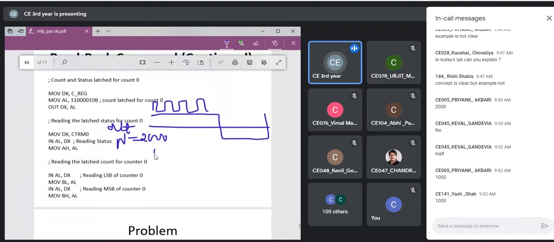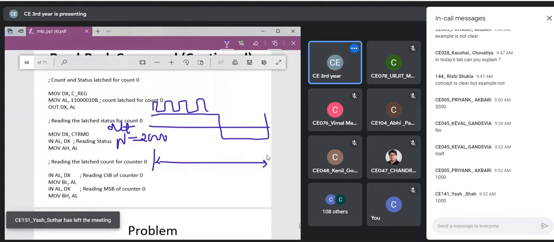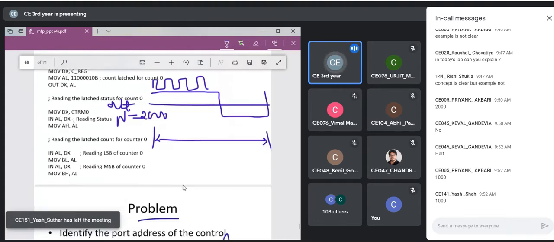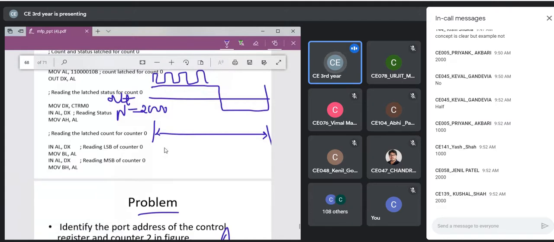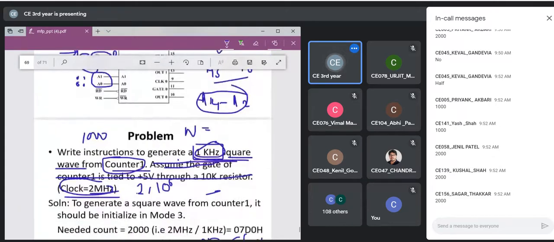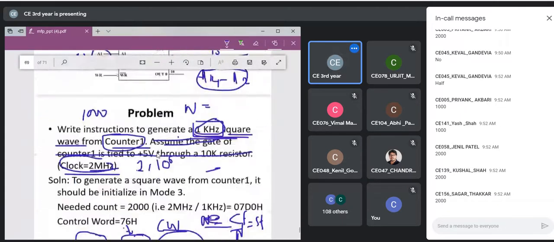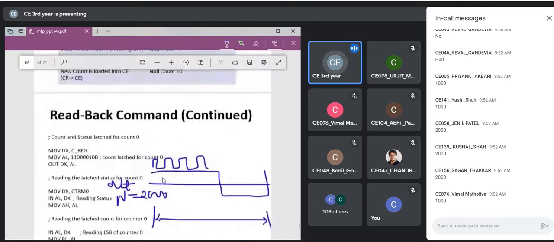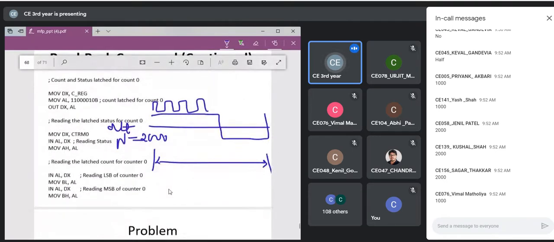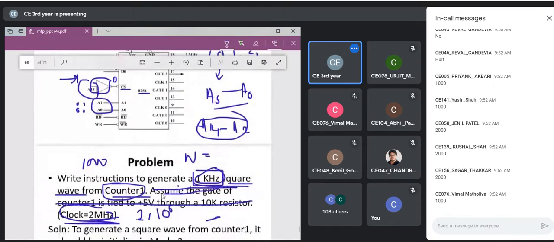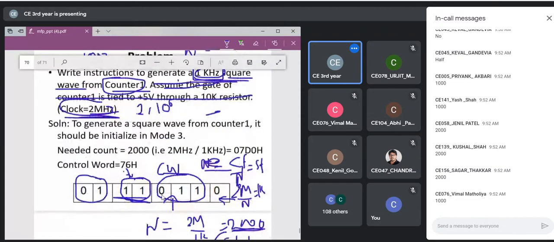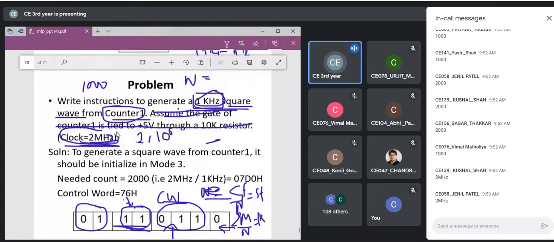Can you tell me in 1 second how many clock pulses I am having? Is it 2000? The clock frequency is 2 megahertz.